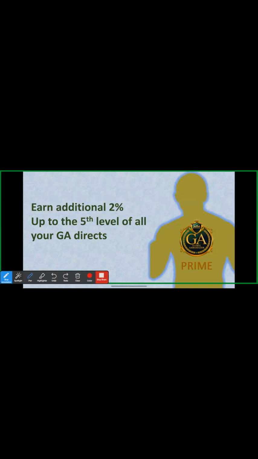Sawa. Let's say this is you. You are a GA. Sawa. And then uko na GA moja hapo, uko na gold executive, global ambassador mwingine, global ambassador mwingine, global ambassador mwingine, global ambassador mwingine. Now, this global ambassador ako na levels zake 1 2 3 4 5, levels zake 1 2 3 4 and 5.